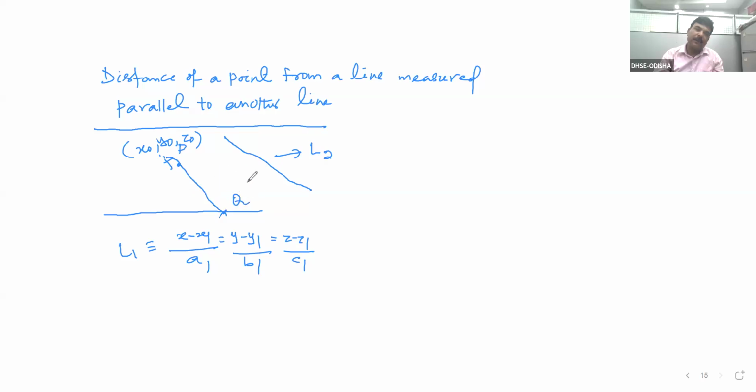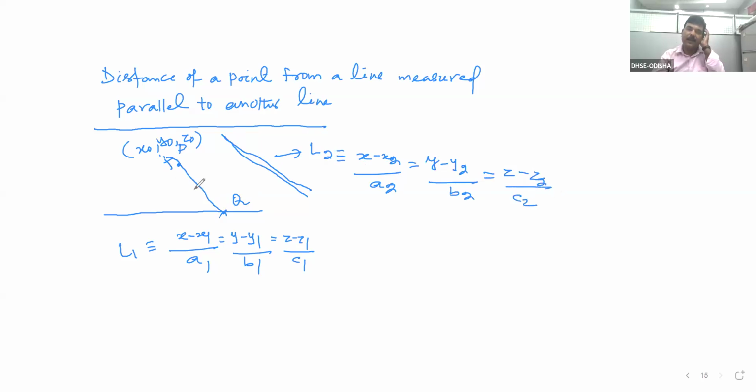The line L2 and PQ are parallel. Suppose the equation of the line L2 is (x minus x2) upon a2 is equal to (y minus y2) upon b2 is equal to (z minus z2) upon c2, right? So since the lines PQ and L2 are parallel, their DRs must be the same.